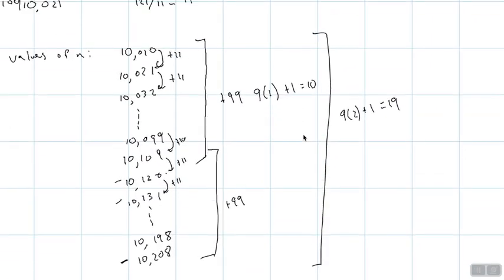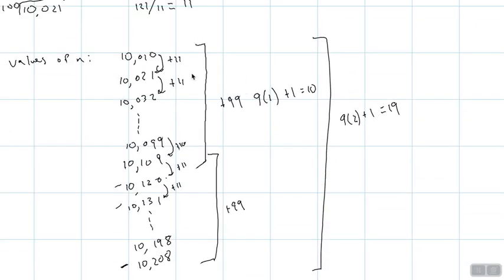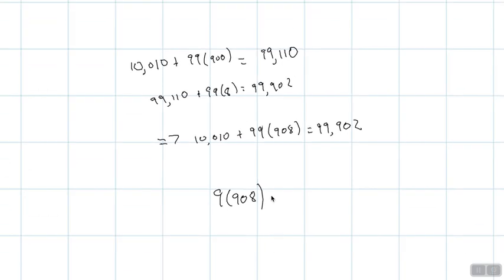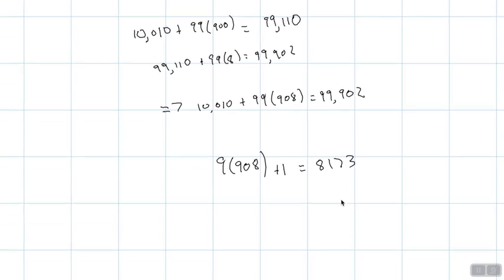And remember, we have to add this plus 1. Every time we go up by 99, it's 9 more values of n, excluding this one. So it's 9 times 908 plus 1. It's 8,173 values of n where q plus r is divisible by 11.